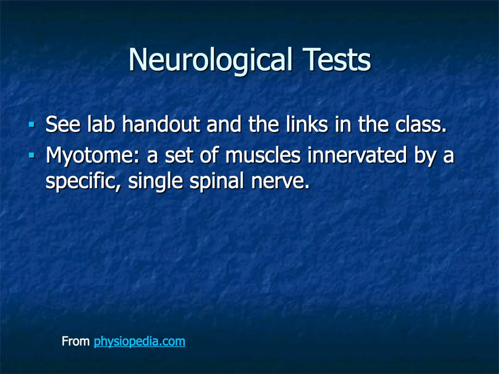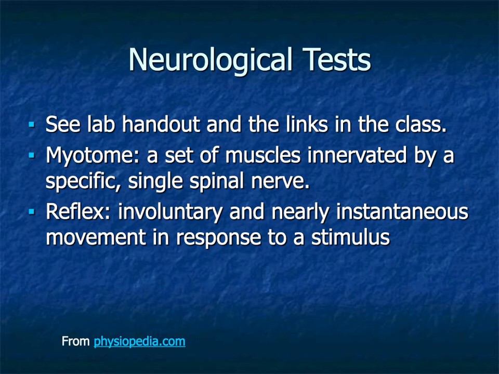For example, we know that L3, which means lumbar level 3, is the quads or knee extension. So we can test knee extension if a person has pain with it and we think they have some kind of nerve or back injury. We know what specific area in the back is involved by the muscle testing.